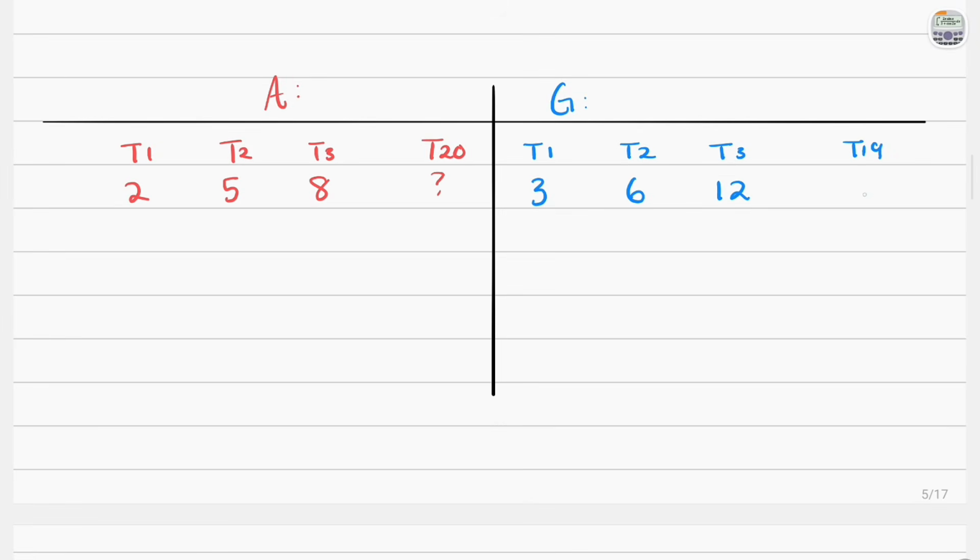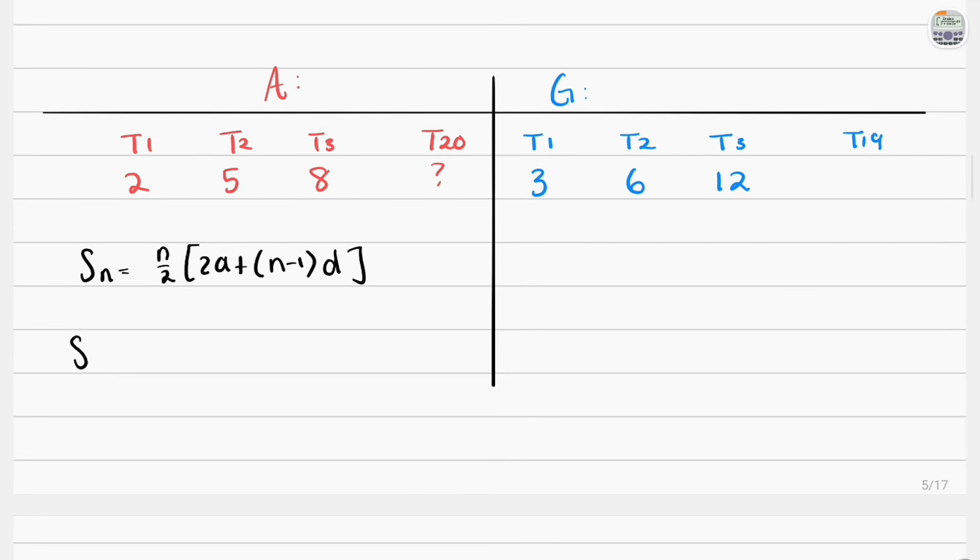Because we don't know the last term in this one, I'm just going to go ahead and use this formula. So the sum of terms is equal to n over 2 multiplied by 2a plus n minus 1 times d. And so it's the sum of how many terms in the arithmetic pattern? It's the sum of 20 terms. So S20 is equal to 20 over 2, and then 2 times a.